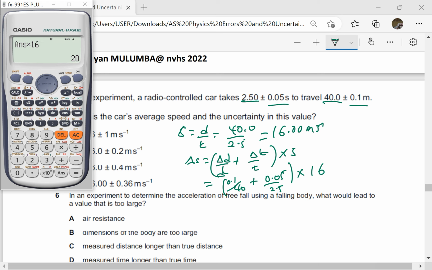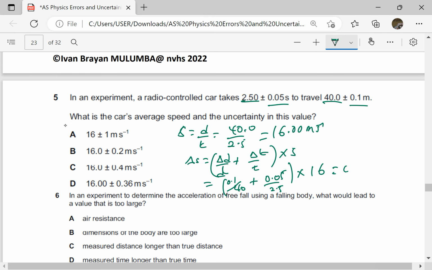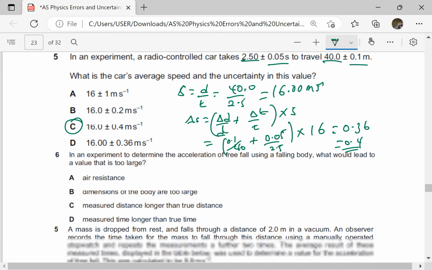So that gives us, is it 20? No. 0.1 divided by 40 plus 0.05 divided by 2.5, times 16. So that is 0.36. 0.36 to one significant figure is 0.4. One decimal place. So the other one should also be to one decimal place, making the answer to be C.